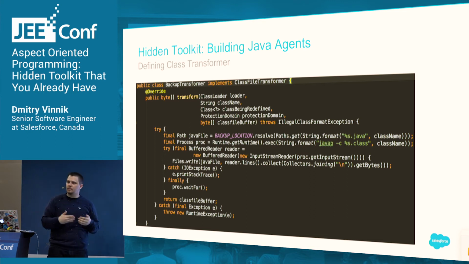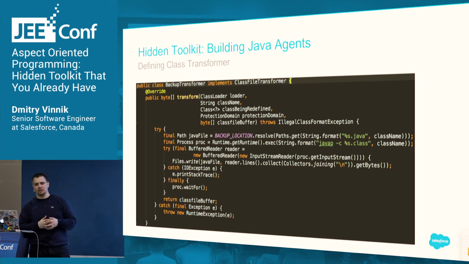Whatever you do with the stream is up to you, but it's still cross-cutting because you append something to it. In this case, it's fairly simple: you take binaries, decompile them, back them up, return the stream. It's just for demo purposes, not much sense, actually. But yeah, this is what Java agents are all about from a bird's eye view.